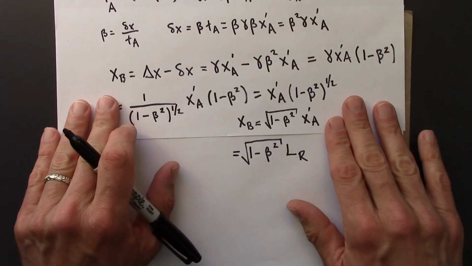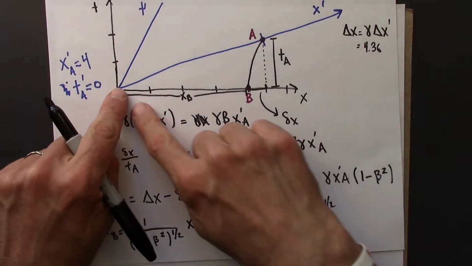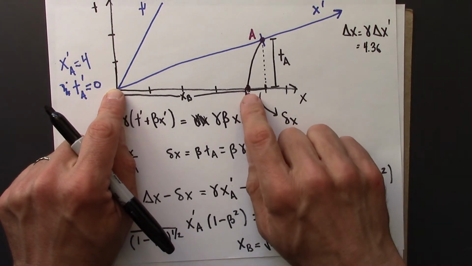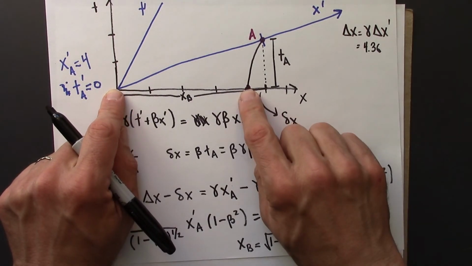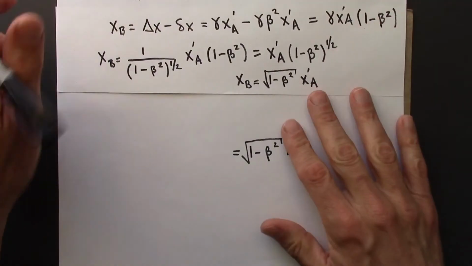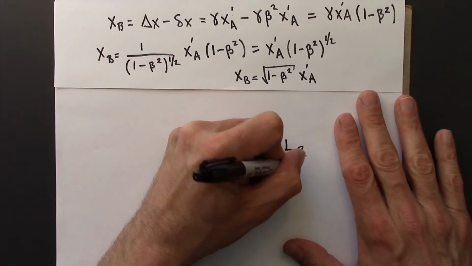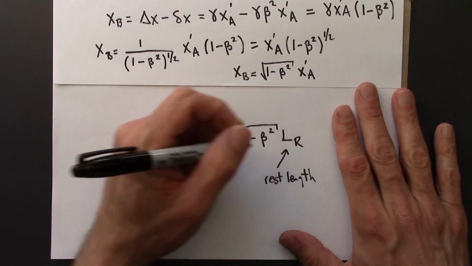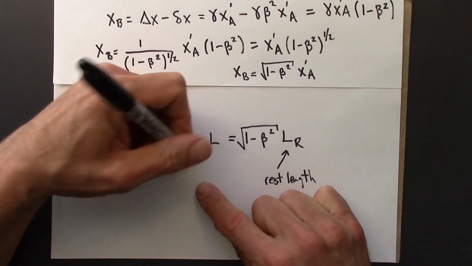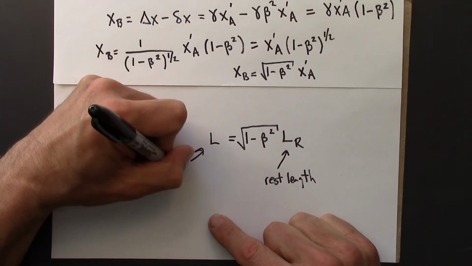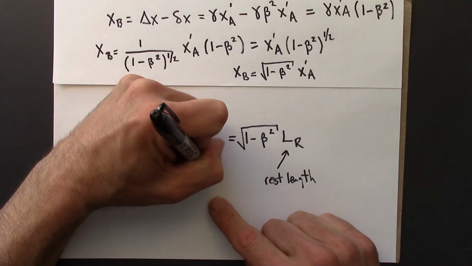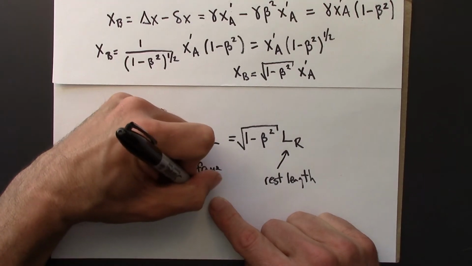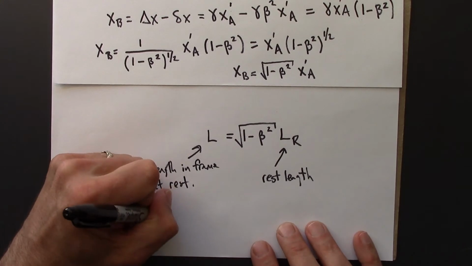And what is xb? That's the length in a frame in which the stick is not at rest. So that's going to be L. So this is the rest length, and the picture here is of the object.